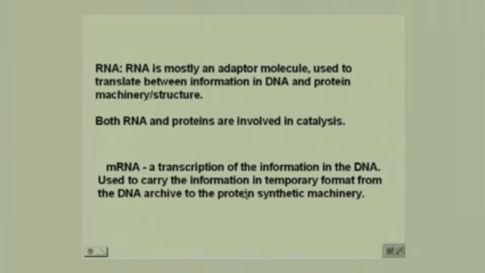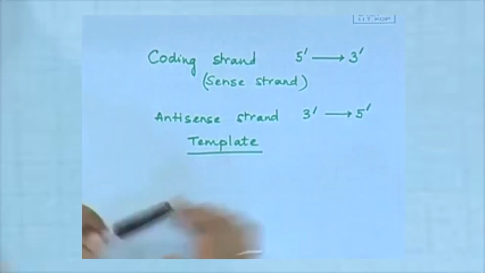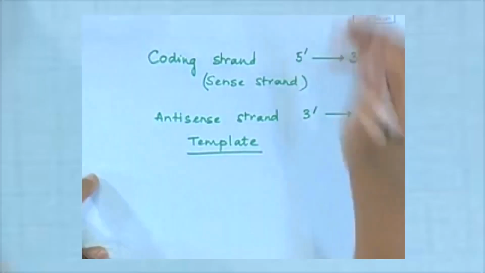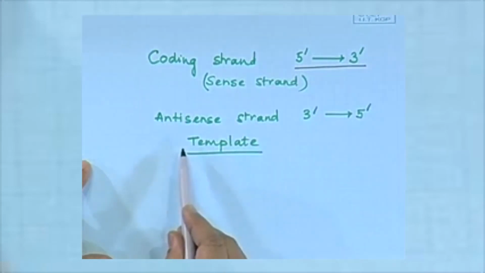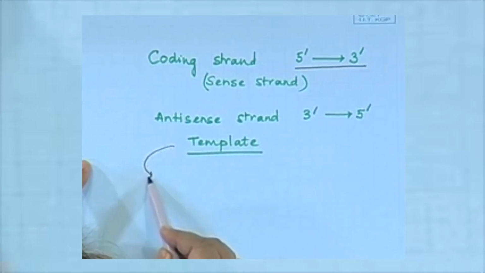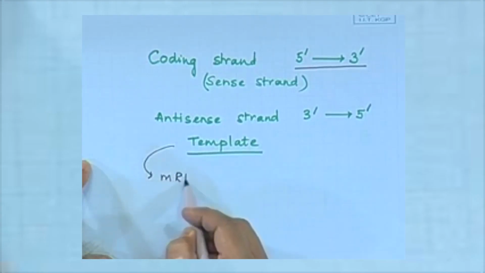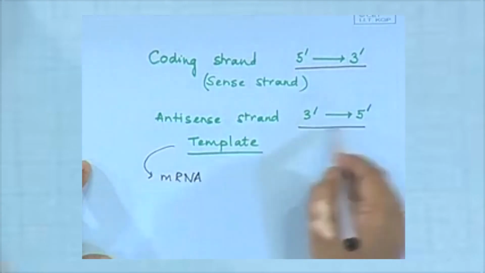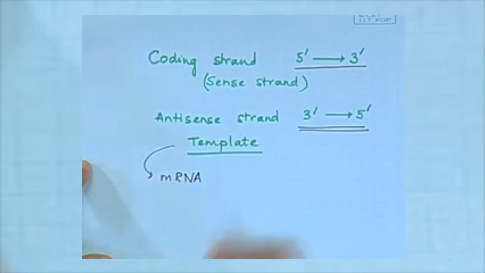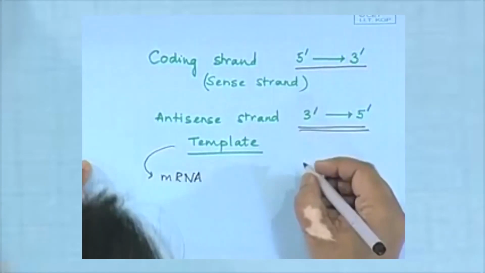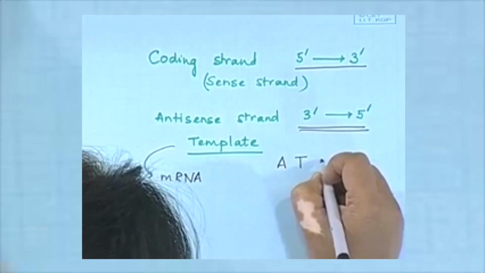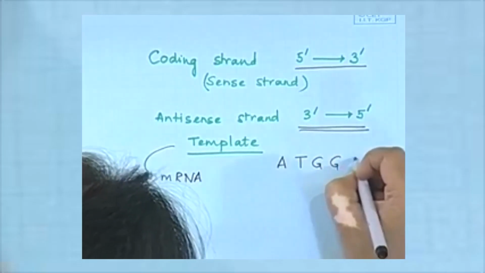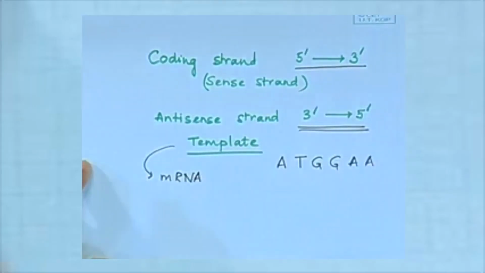Now, how does this occur? If we look at the previous thing that I was showing you here, this coding strand, suppose we have this from 5 prime to 3 prime, the antisense strand, which is the template strand, which is used by mRNA, is the 3 prime to 5 prime strand. What happens in this case, say our coding strand is A, T, G, G, A, or something like that.